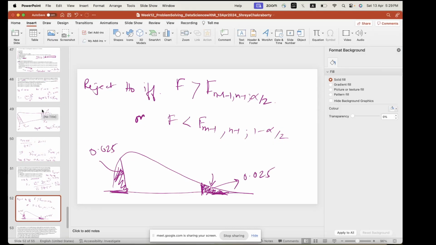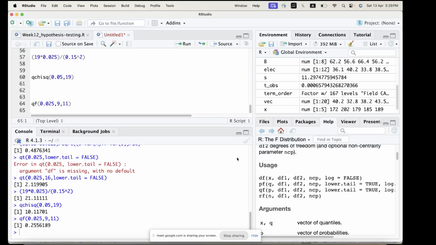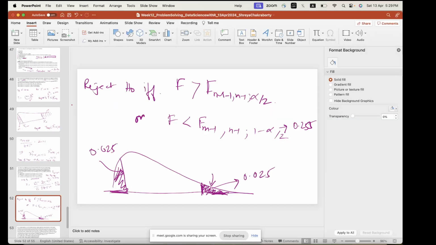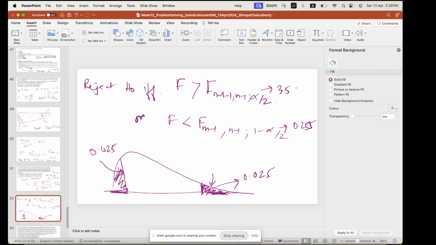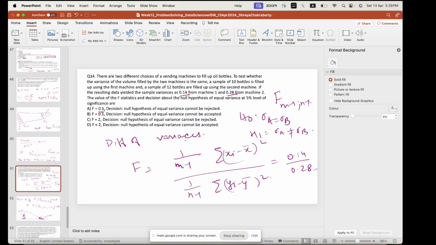So that is 0.255. So this one, F m minus 1, n minus 1, 1 minus alpha by 2, is actually 0.255. And if we put lower dot tail equal to false, then we are going to get the upper critical point. So this should be 3.58. So here we are seeing ours is 0.5.